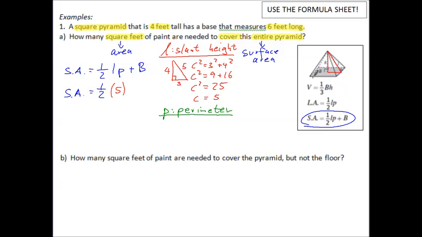That means we just add 6 plus 6 plus 6 plus 6, 4 sides with the length of 6, and that will give us 24. And last but not least, we need our capital B. And remember, capital B is the area of the base.